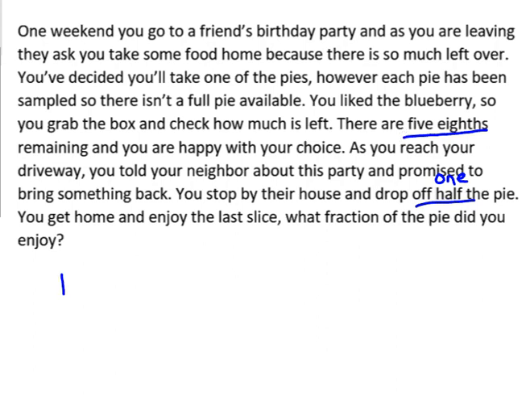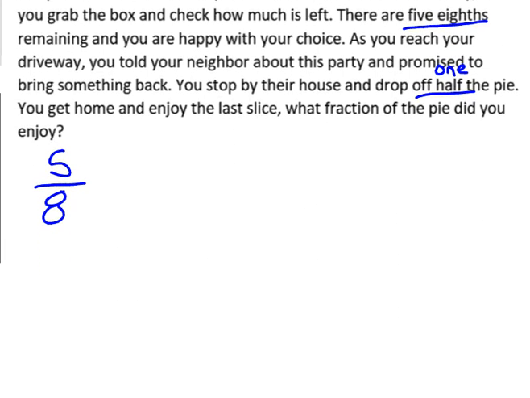So we have 5/8 of the original pie, and we also have 1/2 of the original pie. And they want to know, okay, well, how much is left over now?